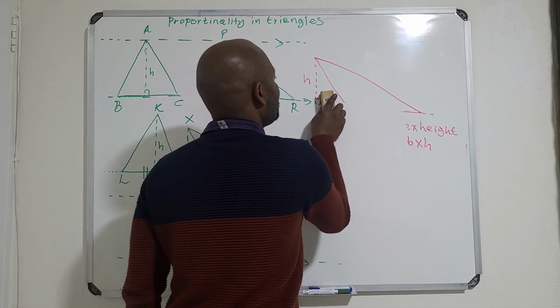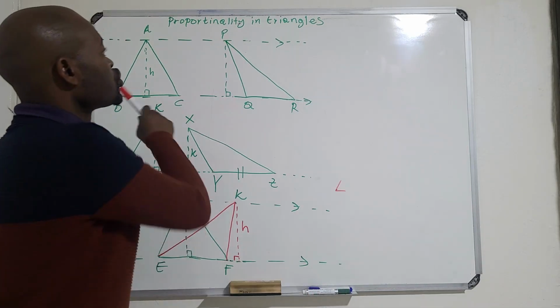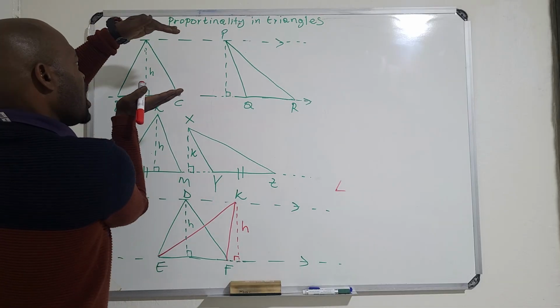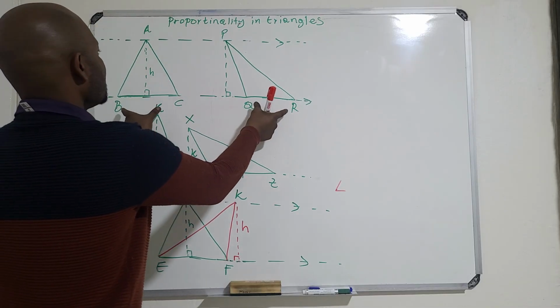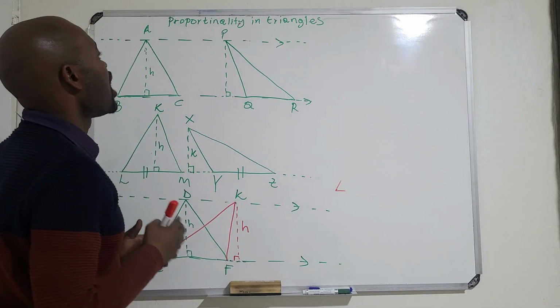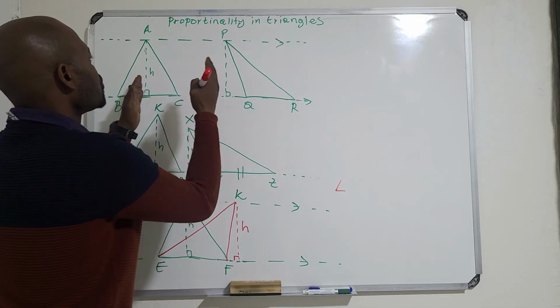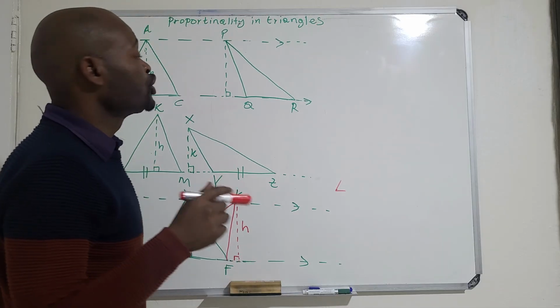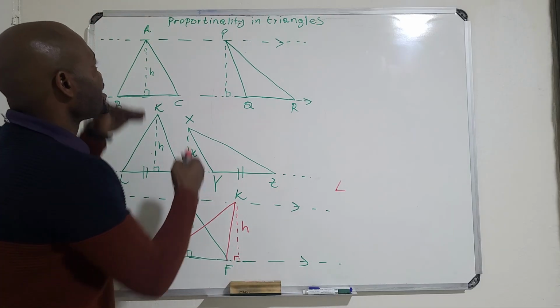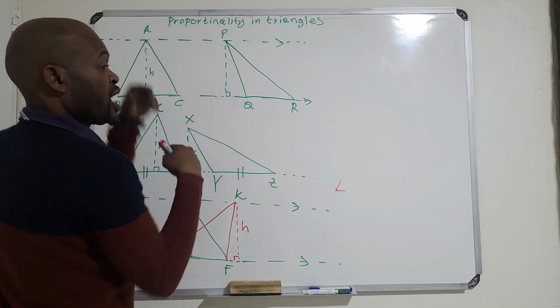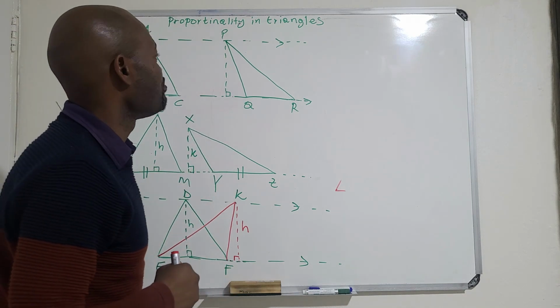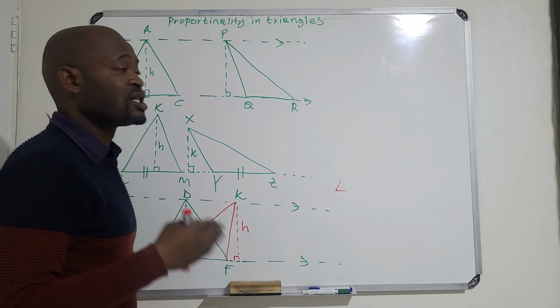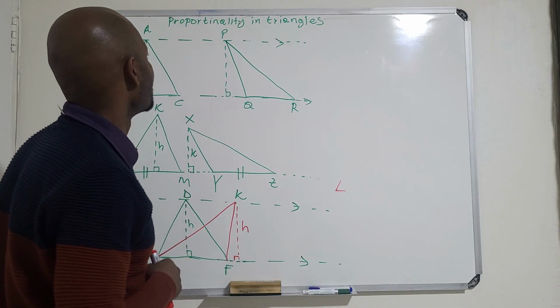Now, let's look at proportionality in triangles. Two triangles with the same height, but obviously different bases. If they've got the same height, then these two triangles, their areas are proportional to their base. We have just explained what we mean by proportion. It means that we are having the same ratio.